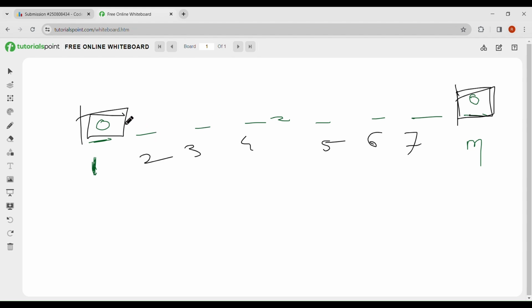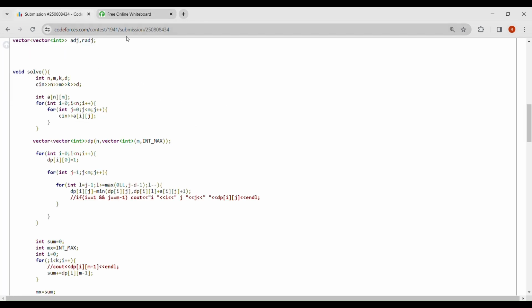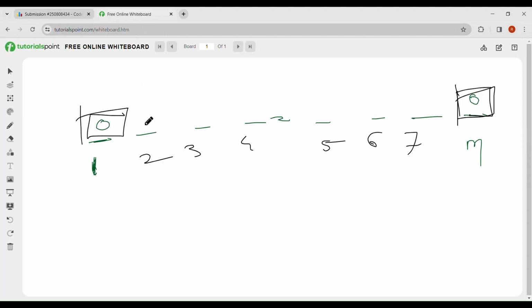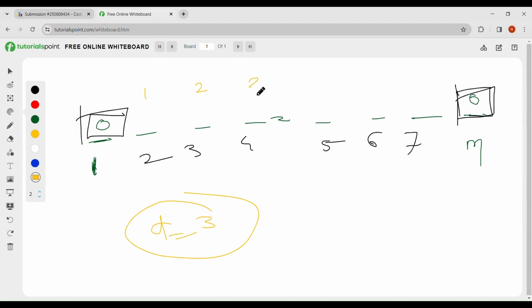You will construct a column up to d distance, like 1, 2. We will assume d equals 3. So after this 3, you must construct a column up to this one only.